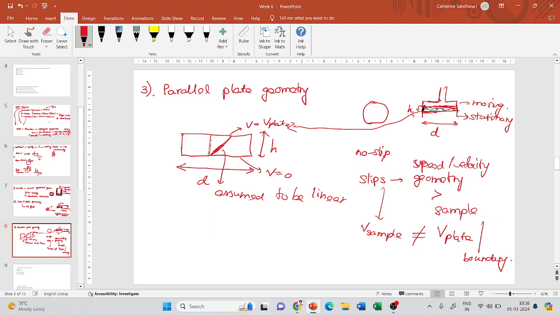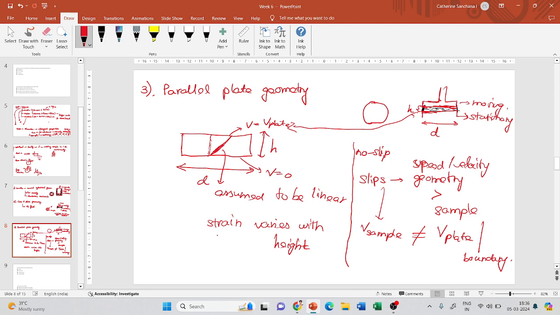If it is linear, then if my velocity is changing, it means that my strain also varies with height.